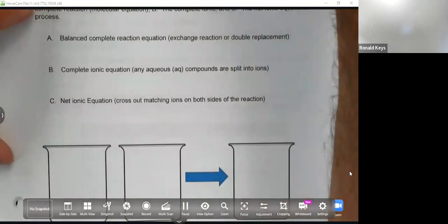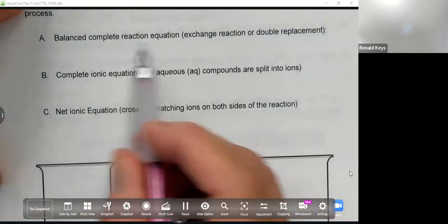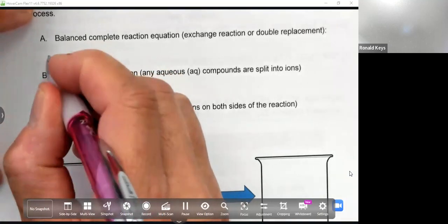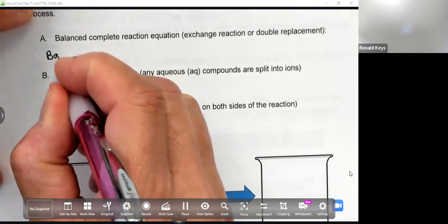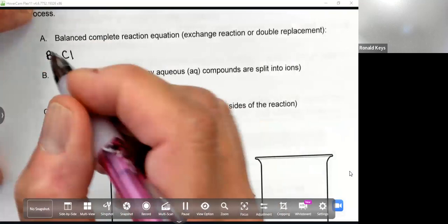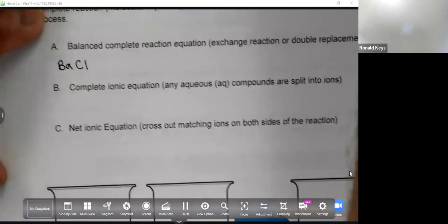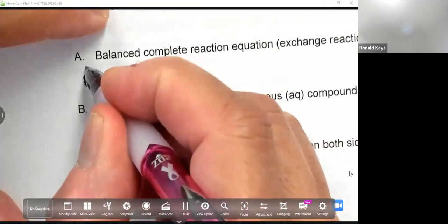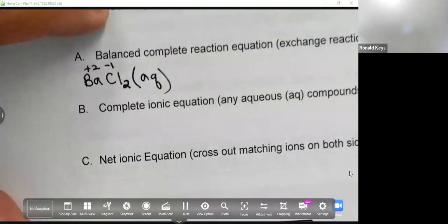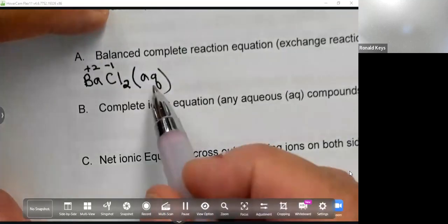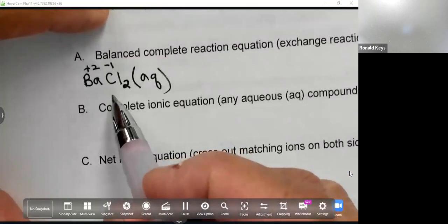For the balanced complete reaction, we're going to start right here with barium chloride, and we need to write that out correctly. Barium takes on a +2, chloride -1, so we get BaCl2, aqueous. Aqueous means this dissolves in water solution.